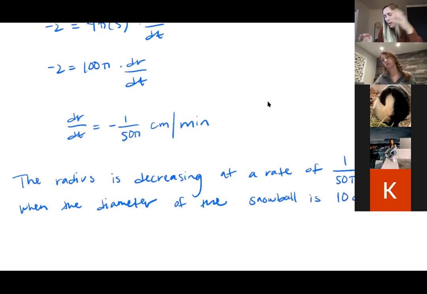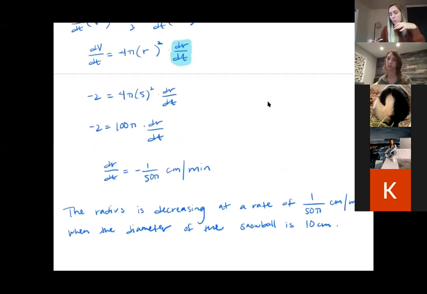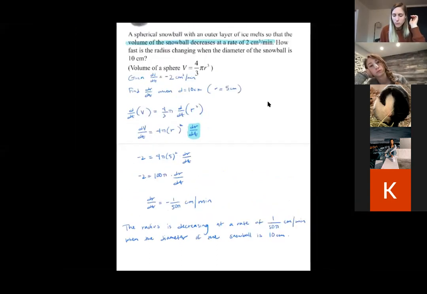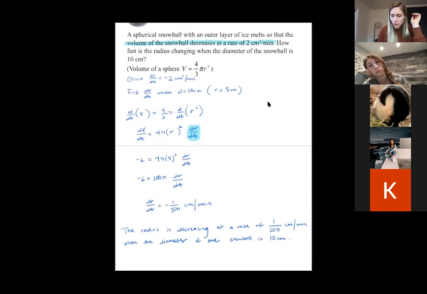Or you could say when the radius of the snowball is 5 centimeters. You should describe what the moment in time is. Any questions?